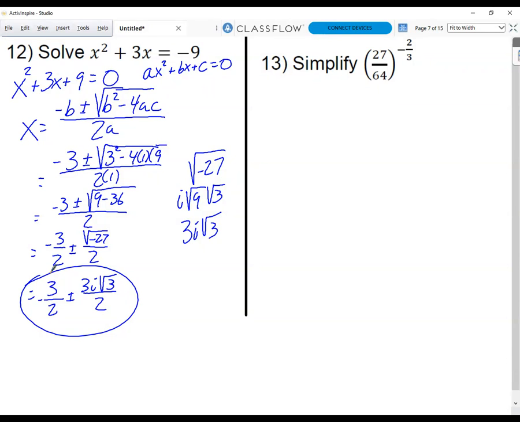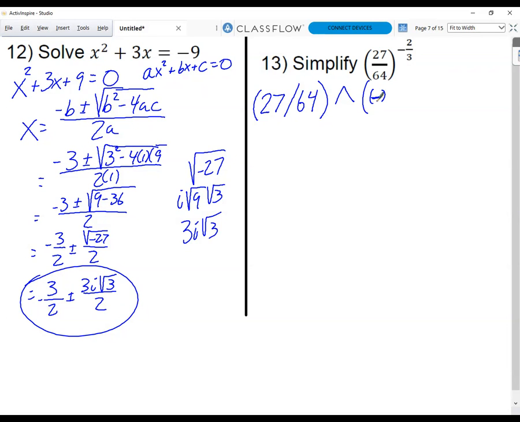Number 13, simplify 27 over 64 raised to negative 2 thirds. This is one that you plug into the calculator. So what you want to do is enter the buttons just like this. You're going to do open parentheses, 27, division, 64, close your parentheses, raise to, or your caret, and then open your parentheses, do your negative sign, not your minus sign.